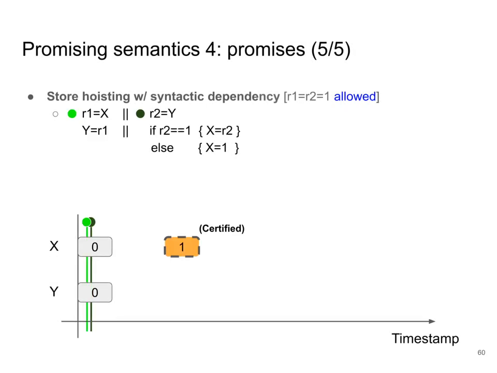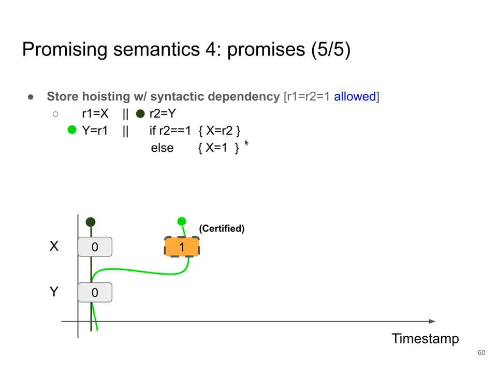So x equals 1 is fulfilled. And you may note that this is certified thanks to this else branch, because at the beginning you go to the else branch and then you can write x equals 1. So this is the reason why the second thread is able to promise to write x equals 1: the else branch.